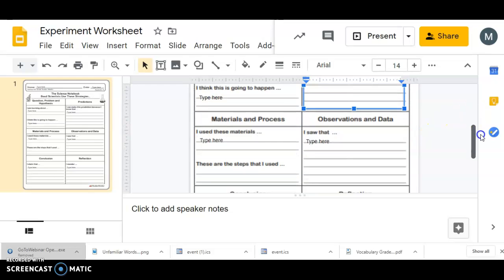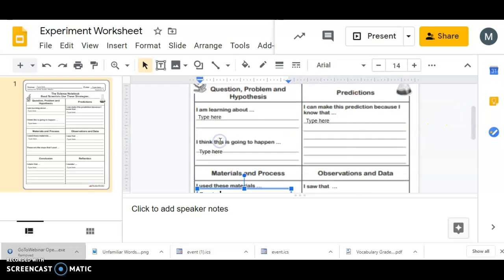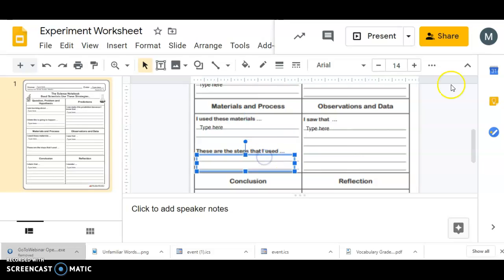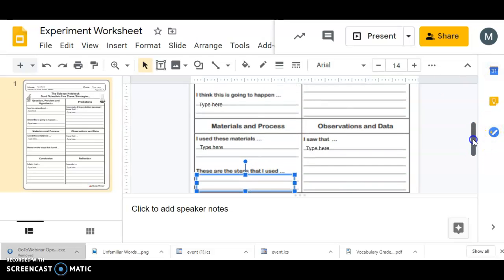And you're going to explain why you think that. You're going to scroll down. You're going to use your article to answer this question, materials and process. It's like the how-to, the steps that we're going to use.